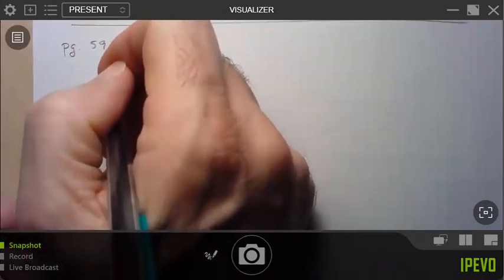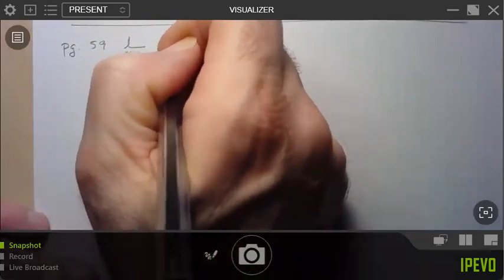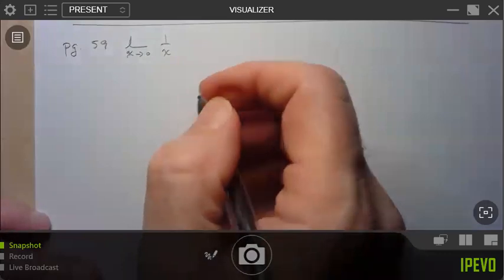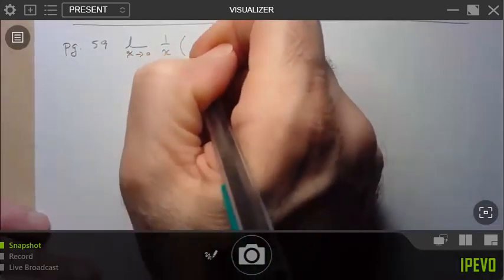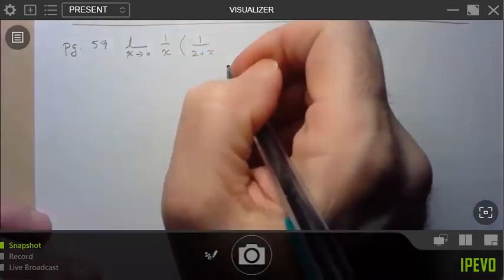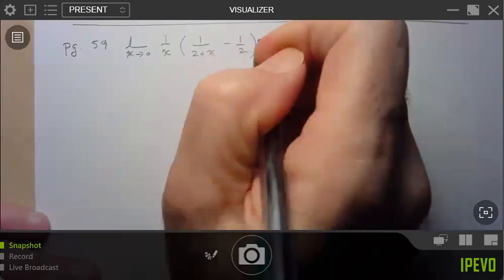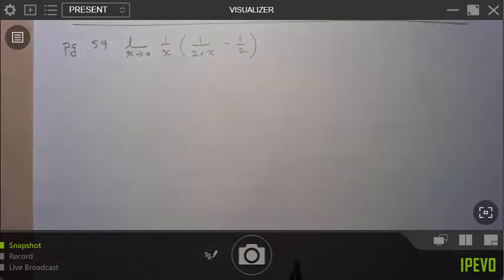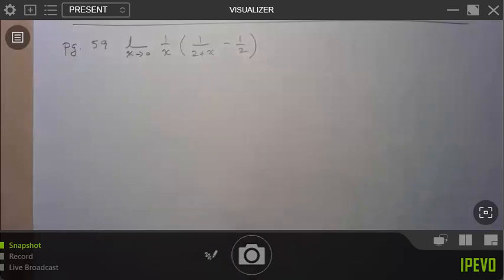Oh, sorry. It's x approaching 0. I'm so used to h. And we have 1 over x times 1 over 2 plus x, and then minus 1 over 2. Now, I suspect this one, although I think there was one similar in the homework, might throw you off because it looks a little different.